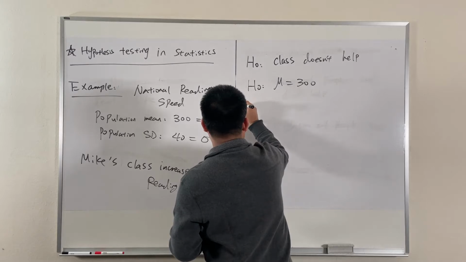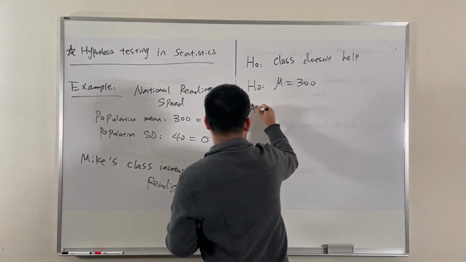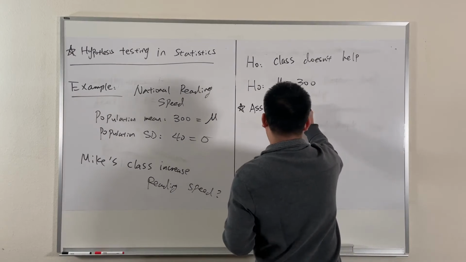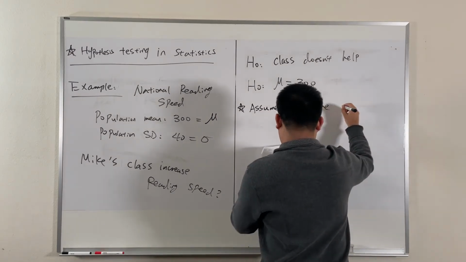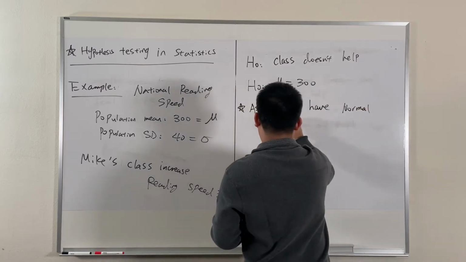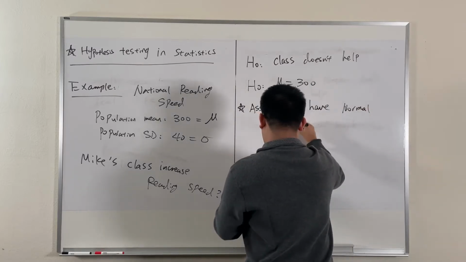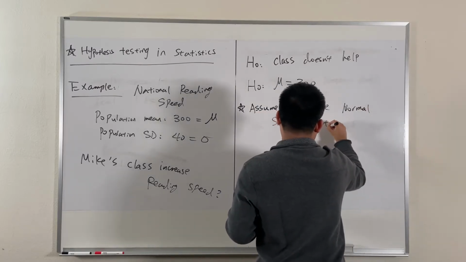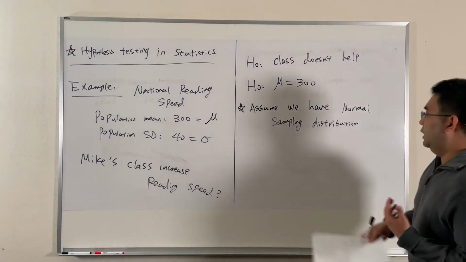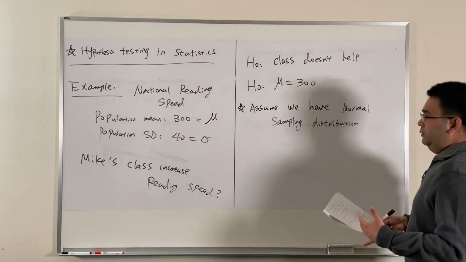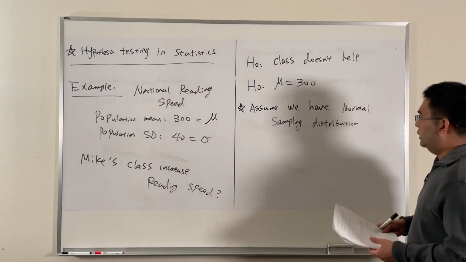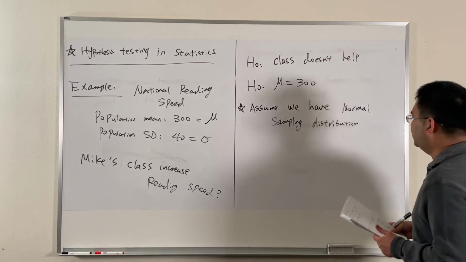So let's assume we have a normal sampling distribution. And again, the reason we want to make this assumption is that then we can use our z-table, z-scores, and things will be very, very simple and easier to do, right? So let's assume that we have a normal sampling distribution.